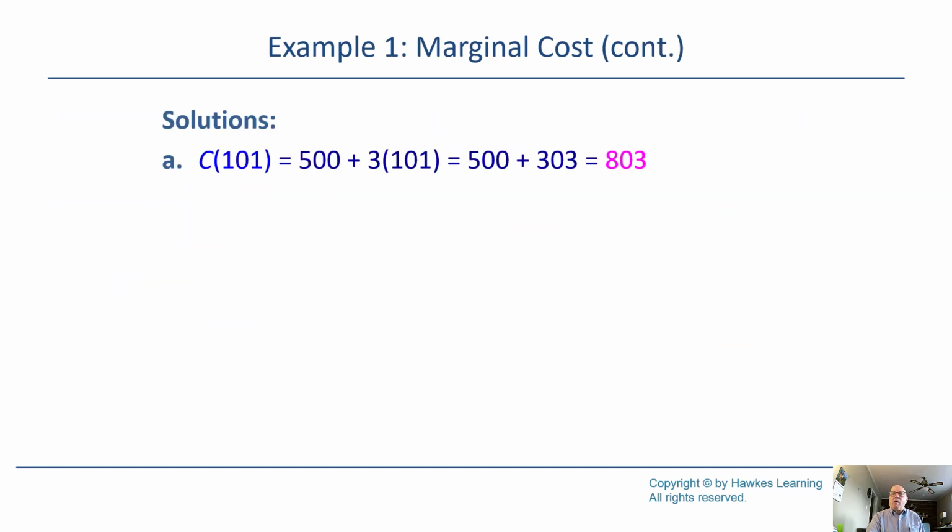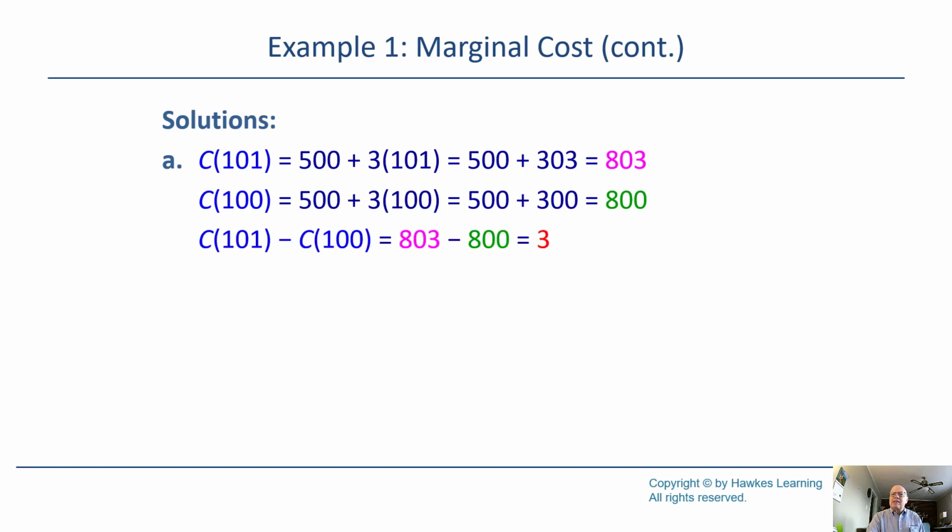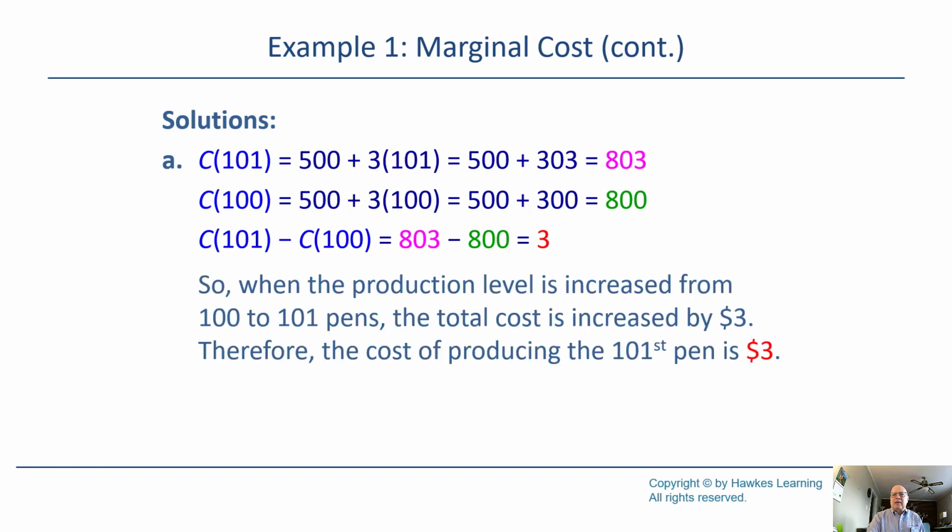There you go. There's the cost for 101 ballpoint pens, the cost for 100, just subtract them, that's the cost for making the 101st ballpoint pen. So increasing the production level by 1.